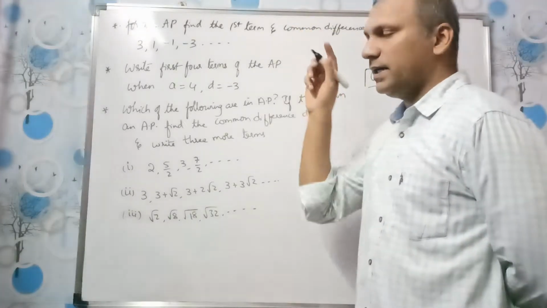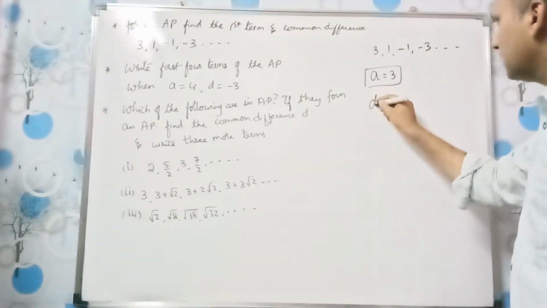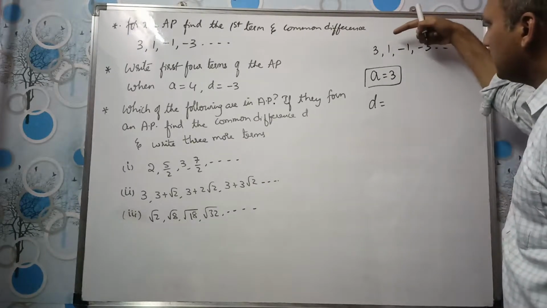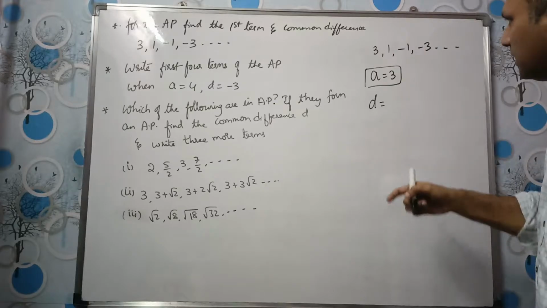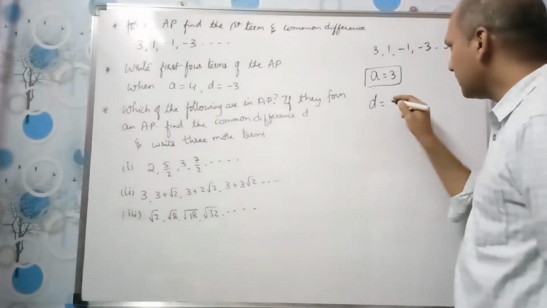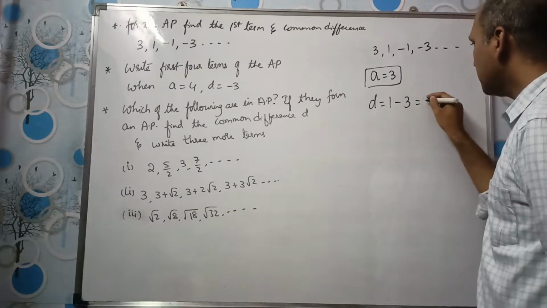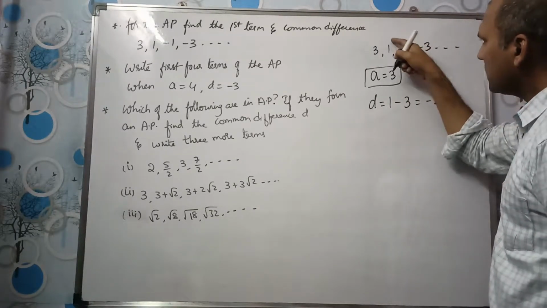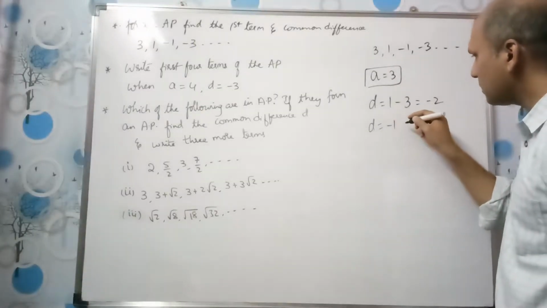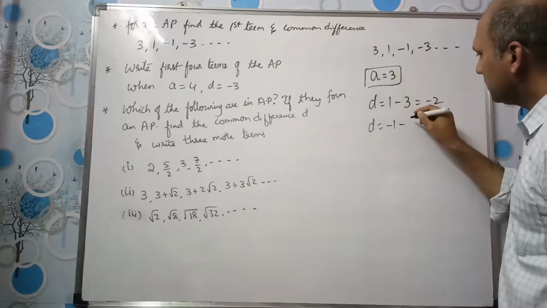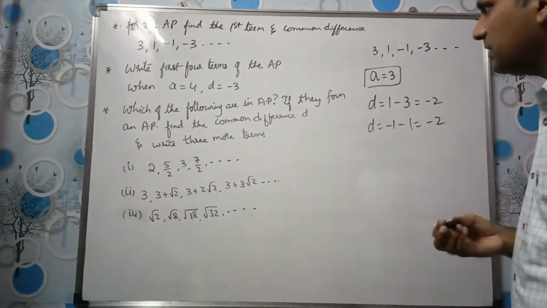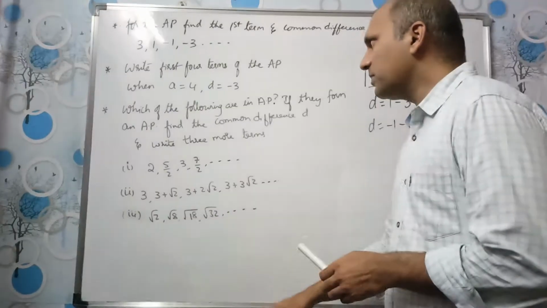We also need to find the common difference, that is D. We know common difference is second term minus first term, or third term minus second term, right? So we can subtract: not 3 minus 1, but 1 minus 3, which is equal to -2. Third term minus second term: -1 minus 1, this is also -2. We get the same difference. So the first problem is done.